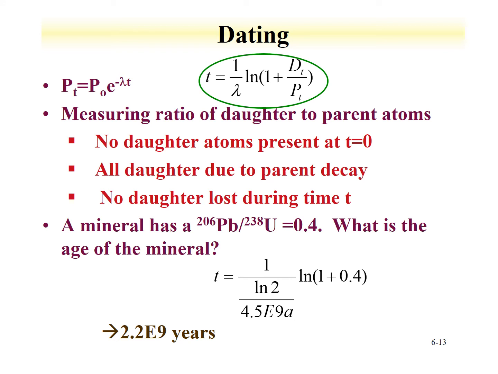That's 4.5 billion years. I can take a sample, measure this ratio, and then you can state what's the age of the mineral. I plug my terms into here, and I get 2.2 billion years. And this route is actually used for measuring very old samples.